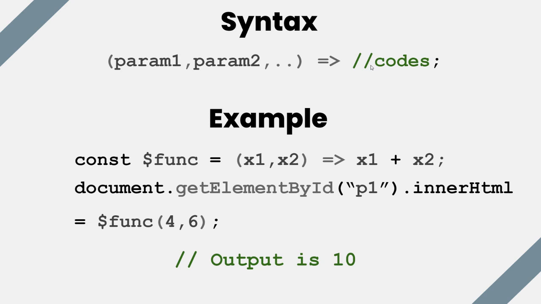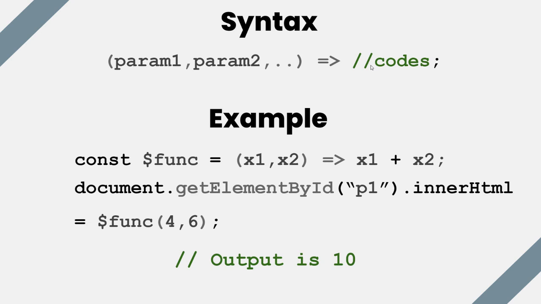So I did say something about the parenthesis also not being needed, and that will be in the case whereby we have a single parameter. So peradventure we had only x1 and not x1 and x2, you can actually just put x1 there and you would remove the parenthesis out of it.